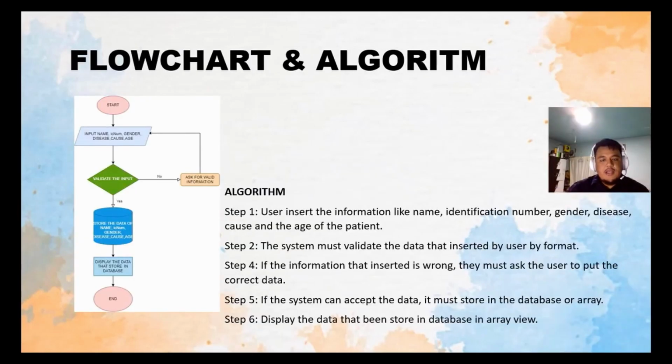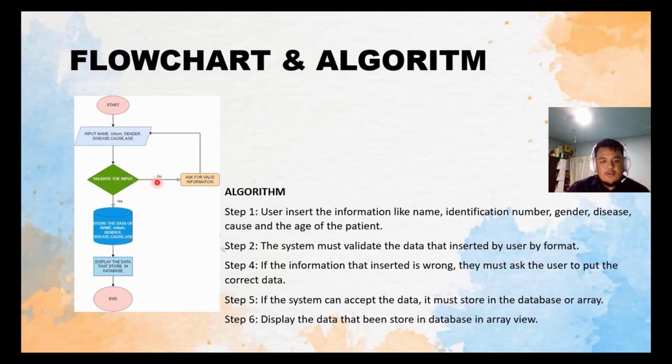For the flowchart and the algorithm for the add method, this is the flowchart. When we start, the user must input the name, the IC number, the gender, the disease and the cause, and the age. If the system can read the information, it will store the data about name, IC number, gender, disease, cause, and the age.